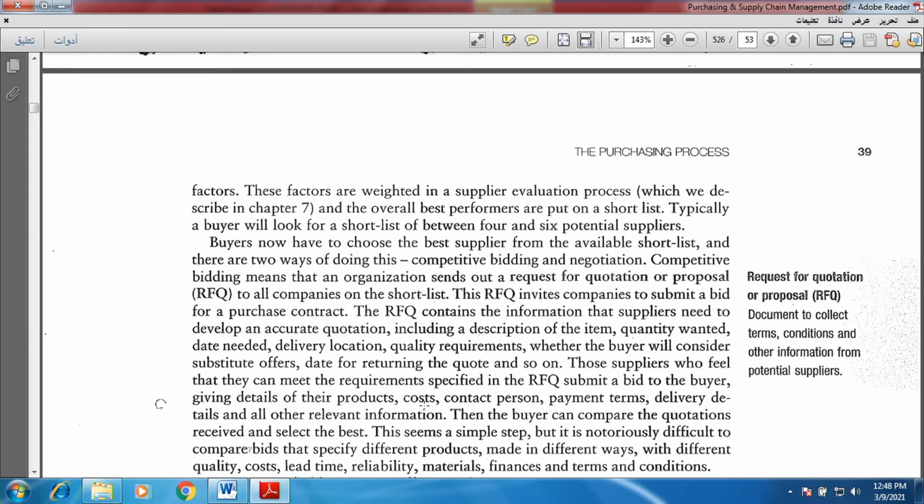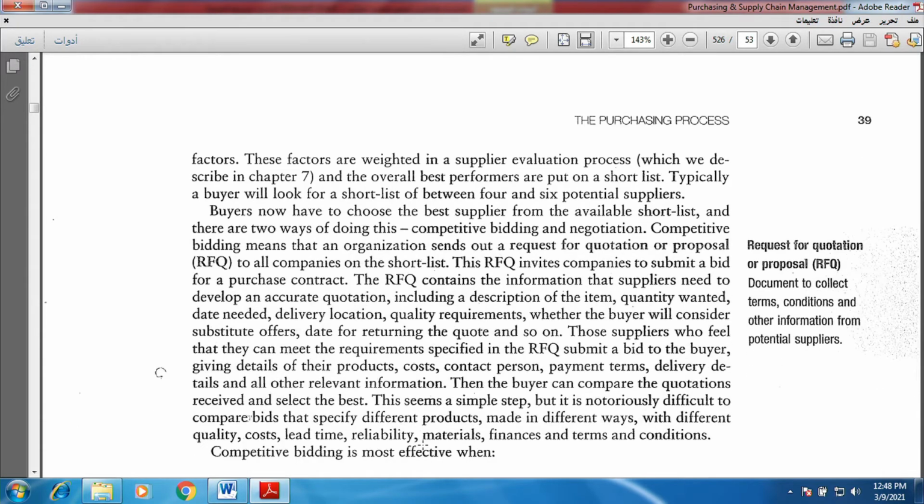From the RFQ, you can also make some bids, or you can negotiate some details regarding the products, the design, the quality, the cost, the payment system, the delivery, any information relative to this delivery or these materials.